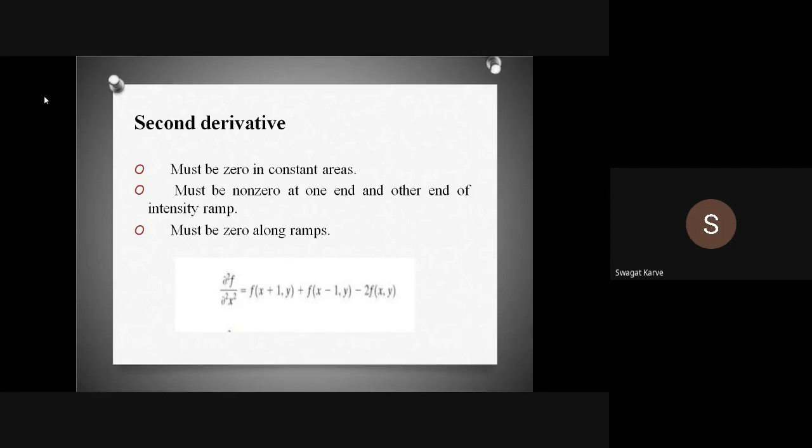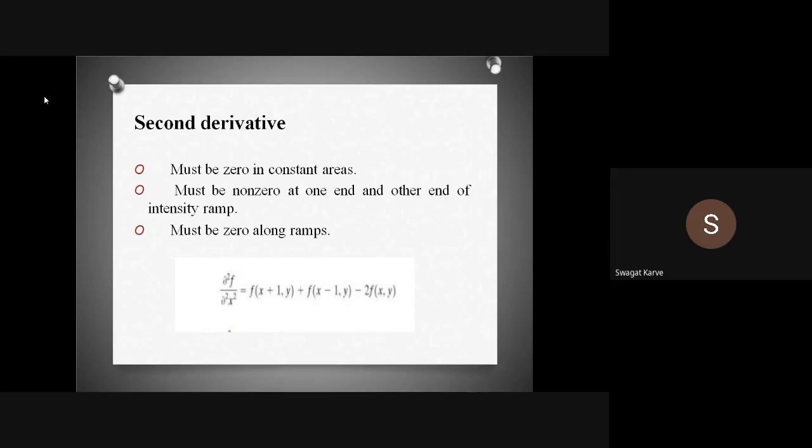Now what is the difference between the first order derivative and the Laplacian operator, that means the second order derivative? The first order derivative is implemented using the gradient operator, while the second order derivative, as the name indicates, is implemented using the Laplacian operator.